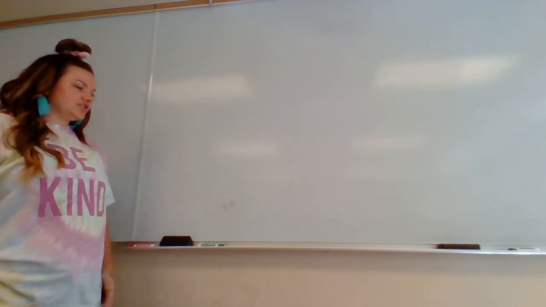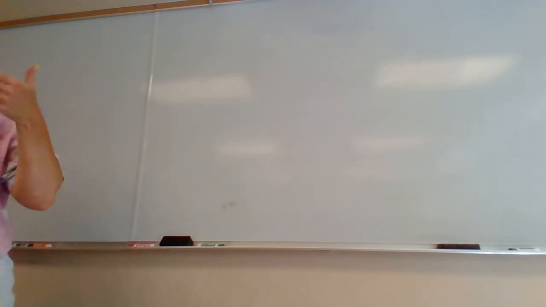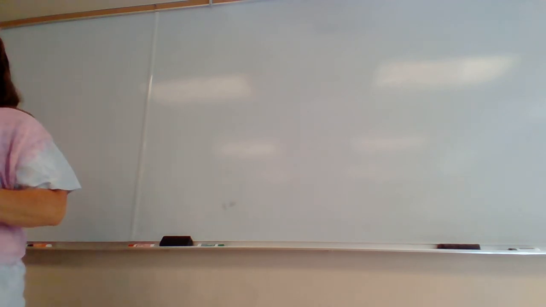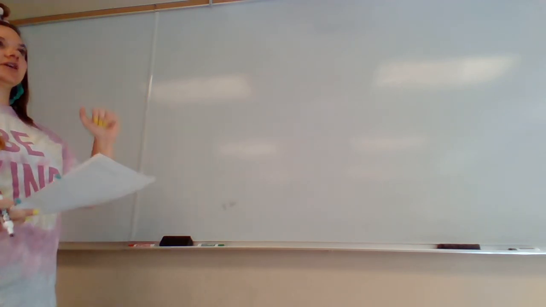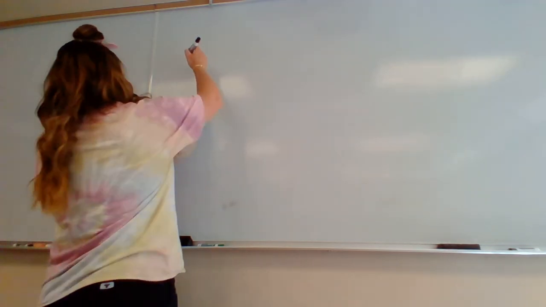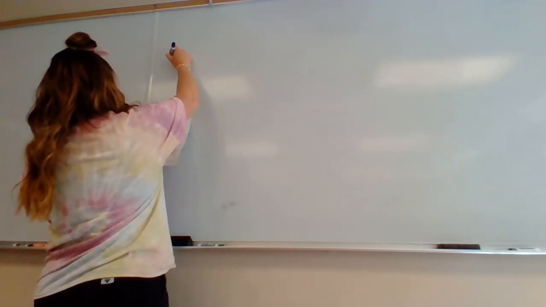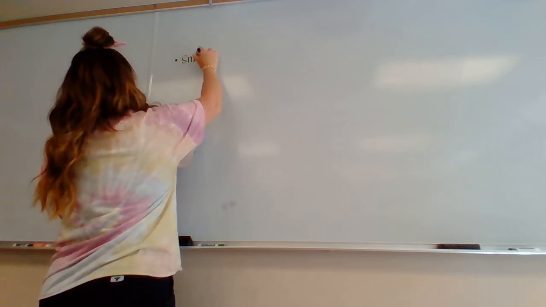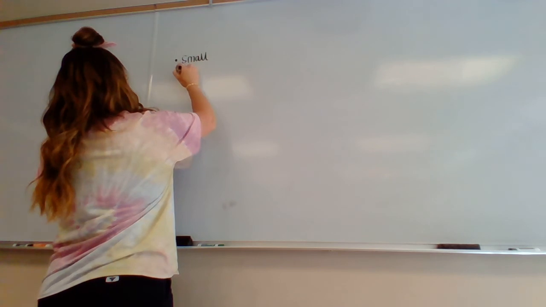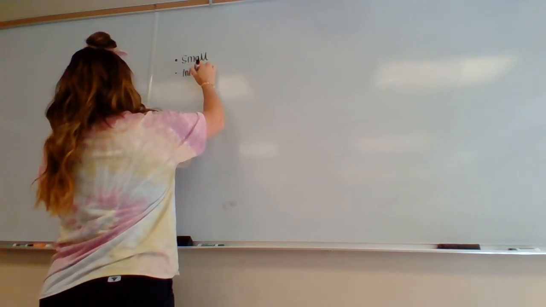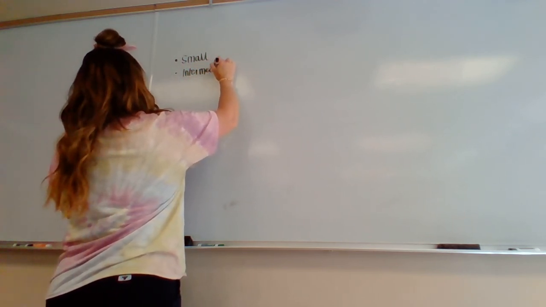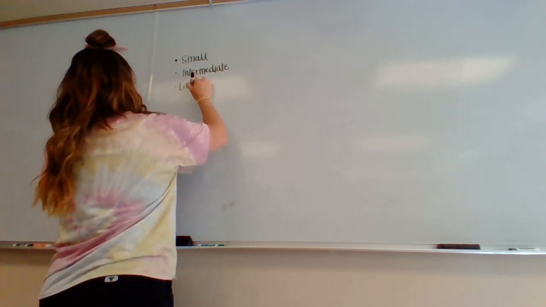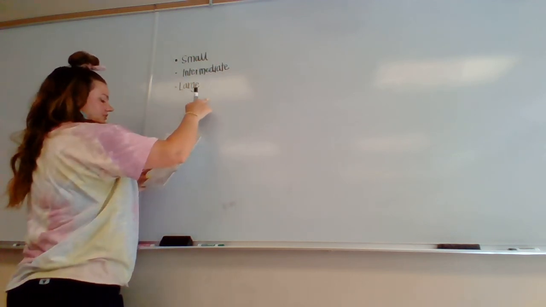Alright, so what we do to classify what type of bond we're talking about with electronegativity is we compare the elements' electronegativity values. Classifying bonds by difference in electronegativity, that's where I am in your notes. We take the difference in electronegativity and we apply this scale to it.